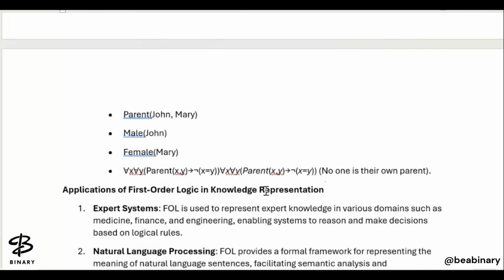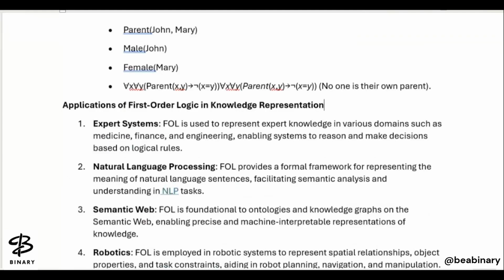It implies, using a universal quantifier over X and Y, parent(X, Y), then a not statement with X equal to Y. So no one is their own parent. Definitely it implies that.